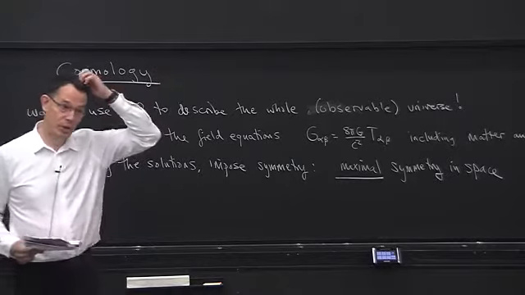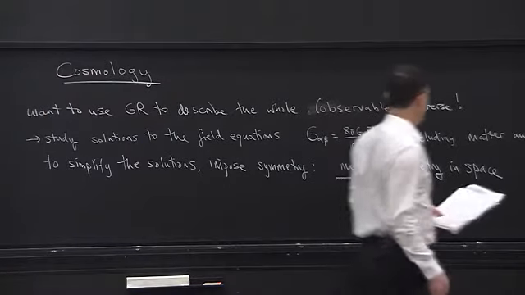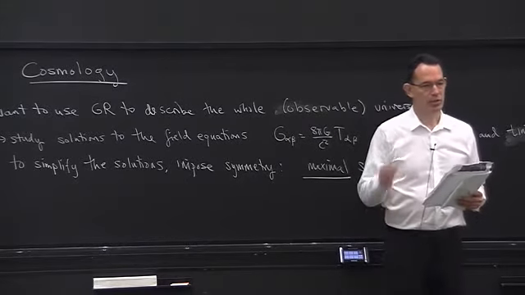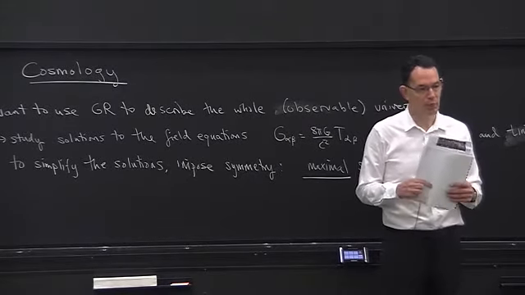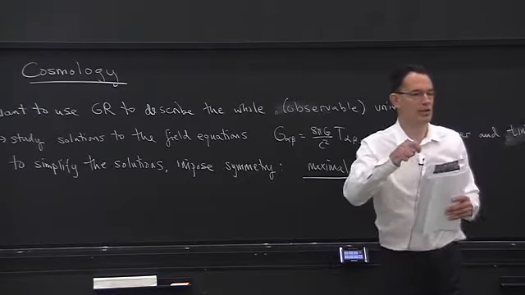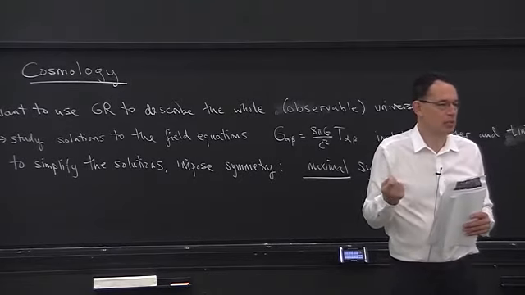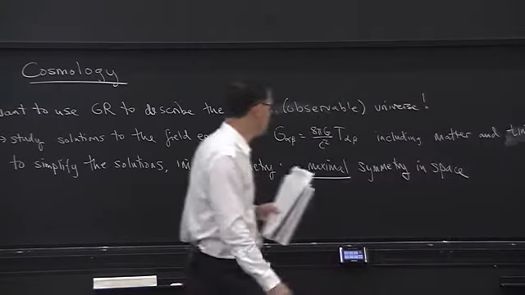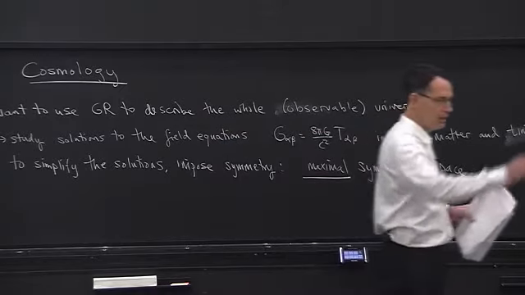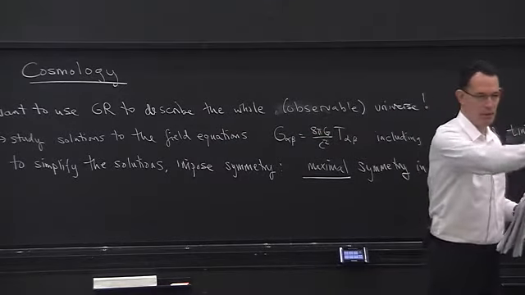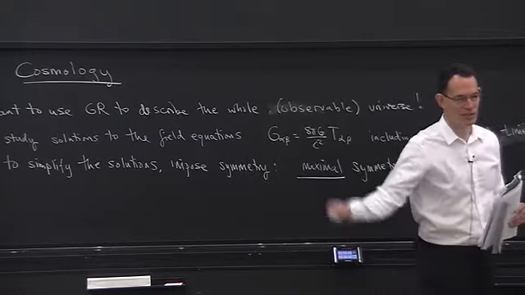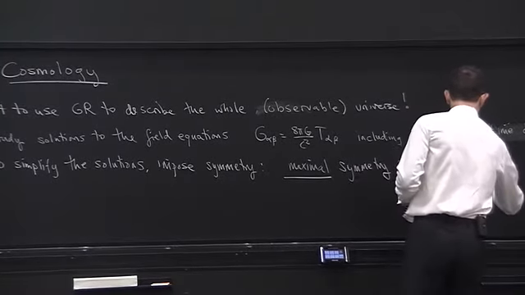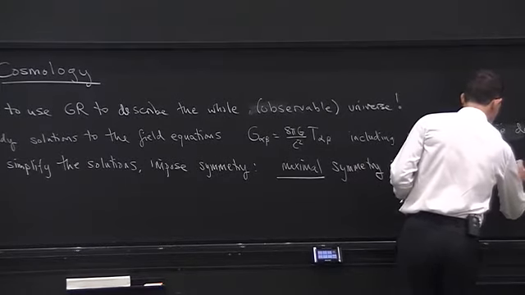So that is isotropy. It looks the same in different directions when viewed from one point. But more than that, it looks like we don't live in a special point in the universe. All points look the same. And that's a statement of homogeneity, that if I translate my position around the universe, nothing changes. And if I look in different directions, nothing changes. So these are homogeneity and isotropy.